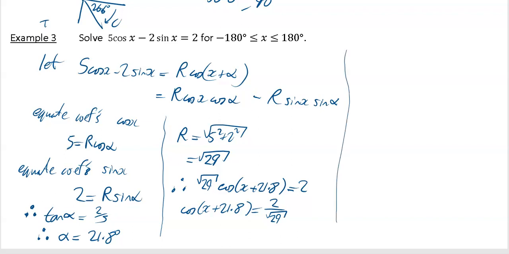I'll do that over here. So BA, so I've just done cos to the minus 1 of 2 over the square root of 29, and that has given me 68.2 degrees. Do your recast diagram.